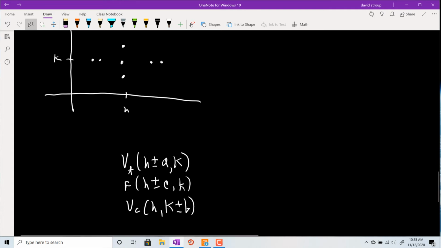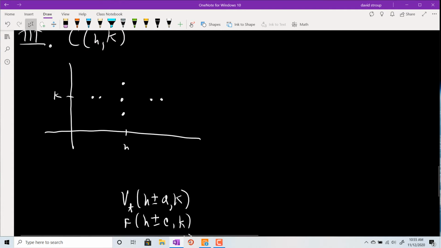So let me go ahead and draw the thing. So I'll use blue for the box and red for the asymptotes. And then white for the branches.